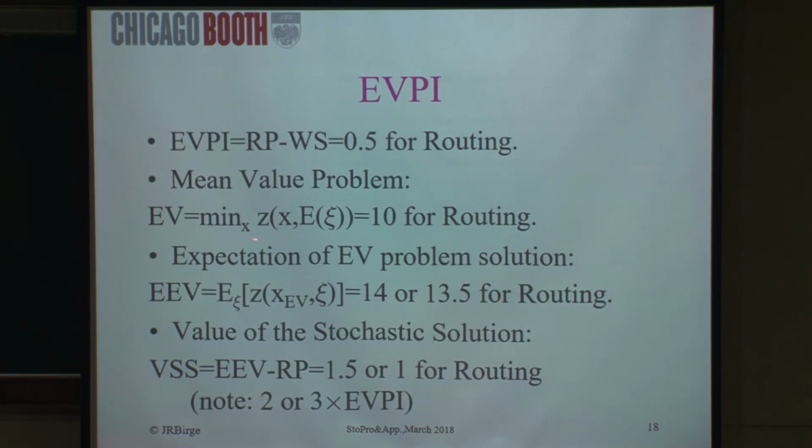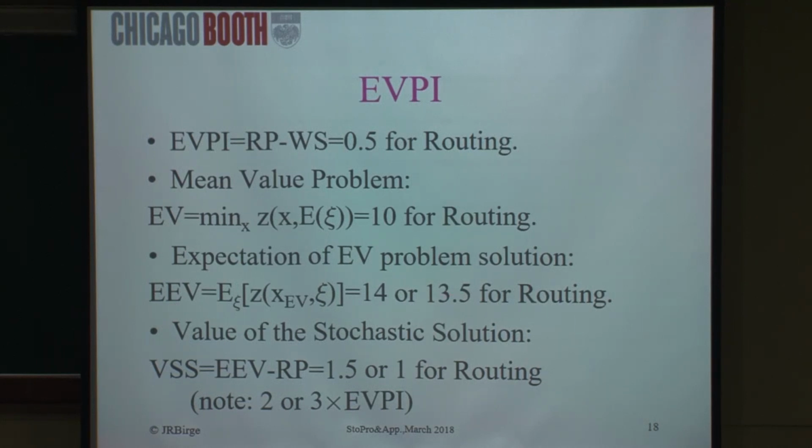Well, this is the common thing that most people do: they take all the random variables and substitute the mean. So basically they are mean scenarios. Just solve with the mean, so then it becomes deterministic. So this is the deterministic model. And I use the solution of the deterministic model, but now I realize the random variables, and I see how much that's worth when I use that solution.